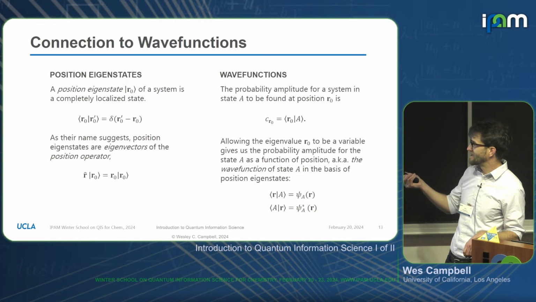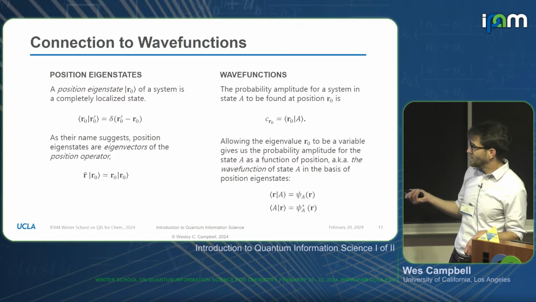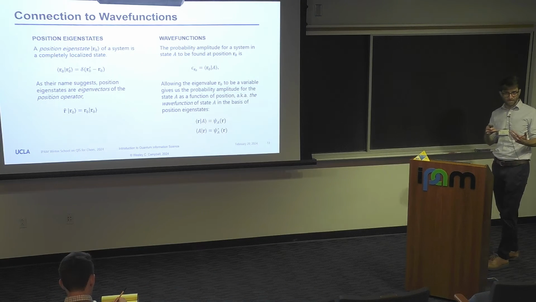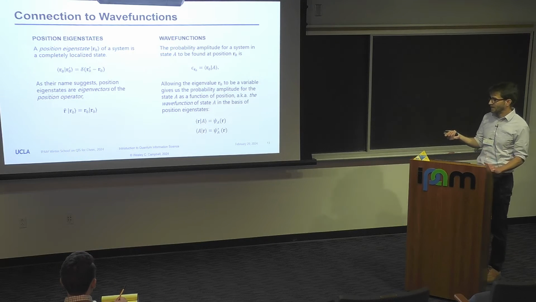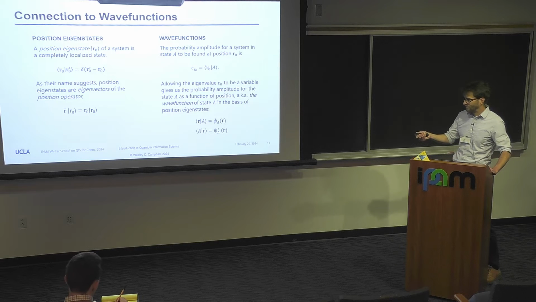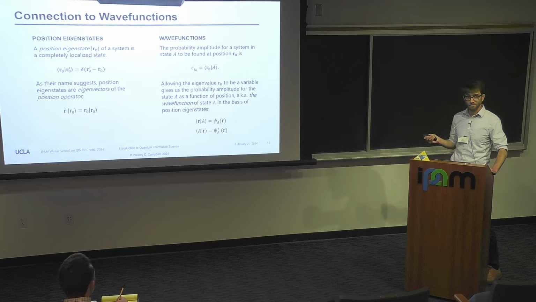Instead of saying C sub R0, I say this is some function psi of R. This is the connection between the Dirac notation and the wave function. You take the inner product of a state vector with a position eigenstate, where that eigenstate is a function of R, and this gives you the wave function. To get the complex conjugate of the wave function, we do the conjugate transpose of this expression.